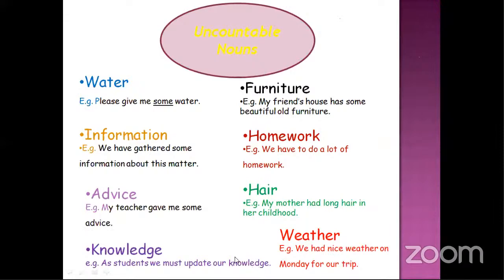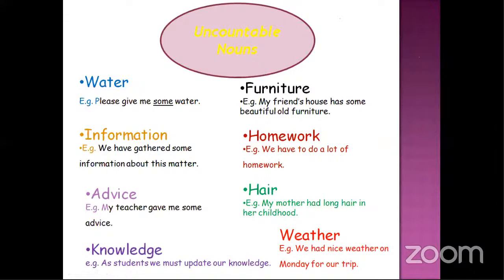Here also, there's no plural noun. Okay. Next one, furniture also. We can't say furnitures. That's wrong. My friend's house has some beautiful old furniture. Next one, homework. We have to do a lot of homework, not homeworks.